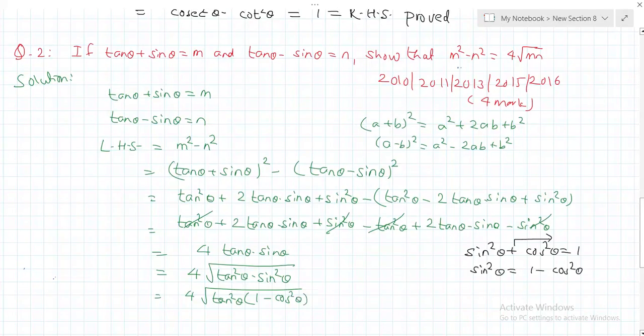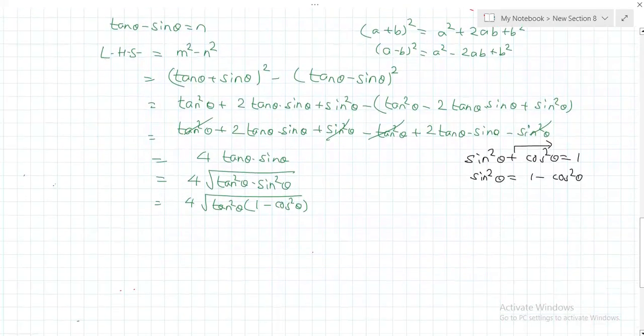Now let us multiply this. So this will be 4√(tan²θ into 1, which means tan²θ, plus into minus is minus, and multiply tan²θ into cos²θ).